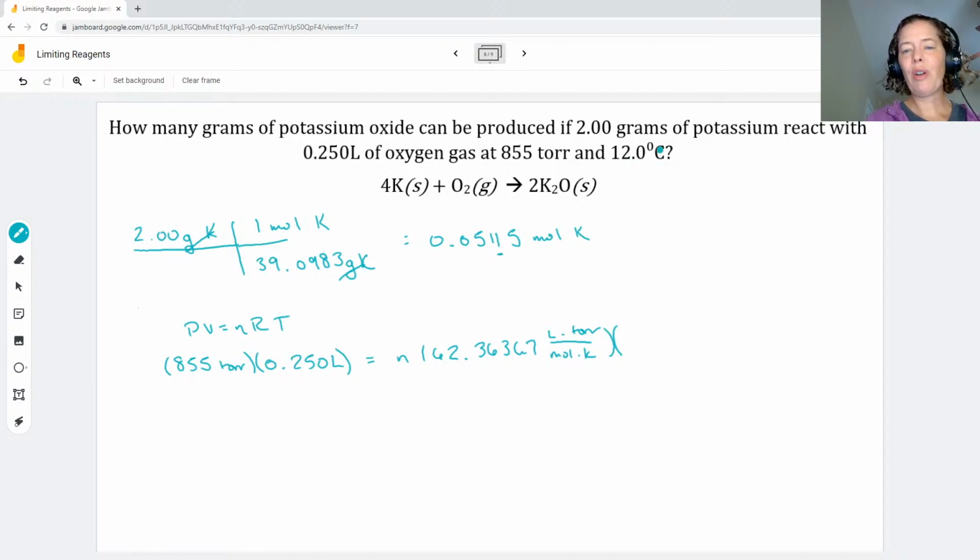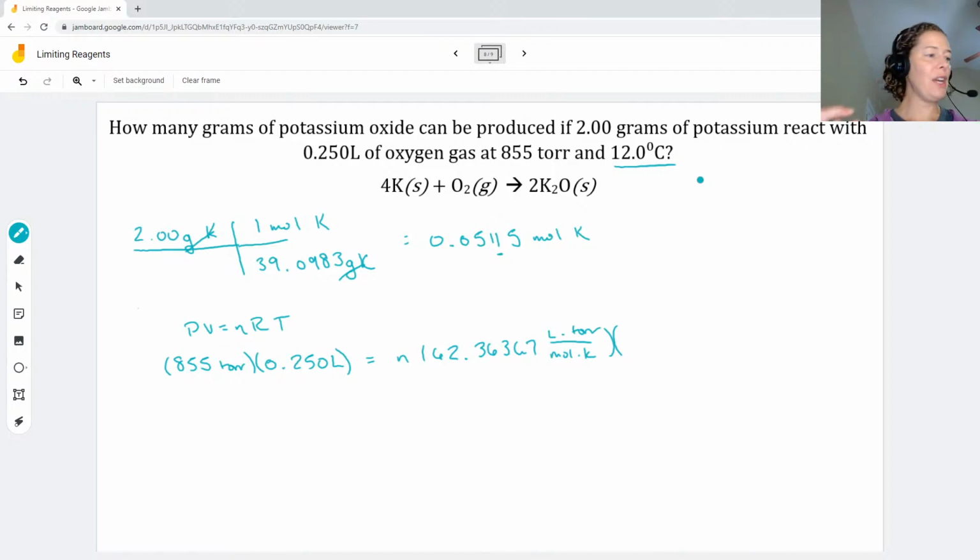And my temperature, I do have my temperature of 12 degrees C, but I've got a problem. That is Celsius, and my R tells me my temperature needs to be in Kelvin, as it always is when we deal with ideal gas law, but it can be a little bit of a reminder. Check your units of R. It will help you remember to convert your temperature from Celsius to Kelvin. So I need to convert this Celsius to Kelvin.